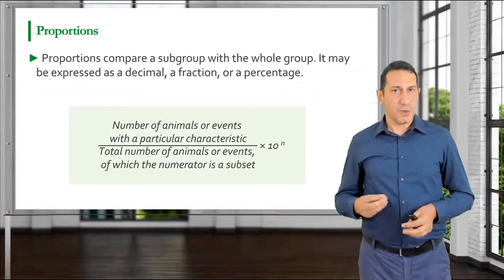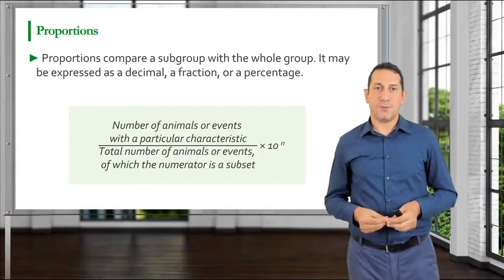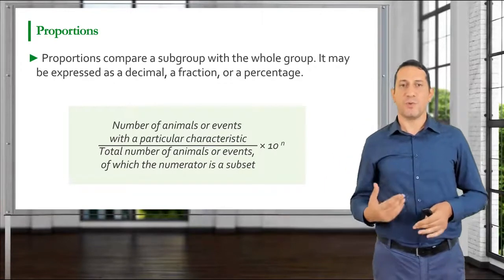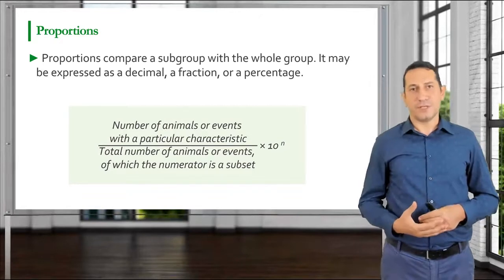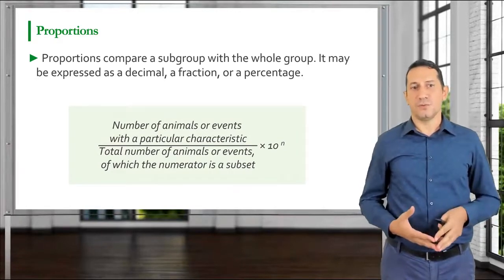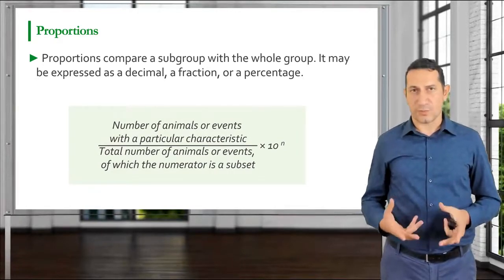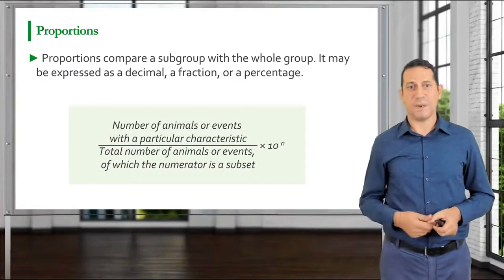So we go to the proportions now, and proportions compare a subgroup within the whole group. They are usually expressed as decimals, fractions, or percentages. That's how we express them.